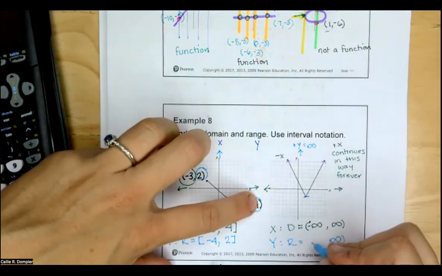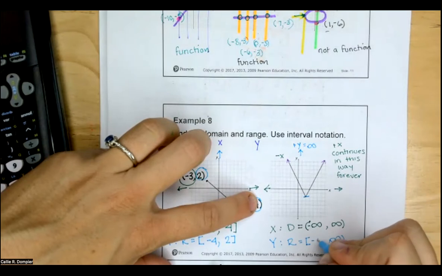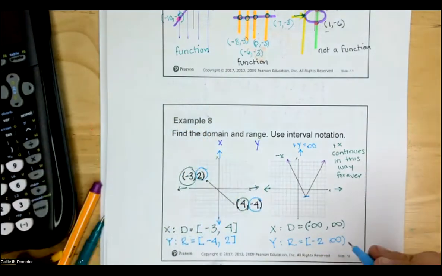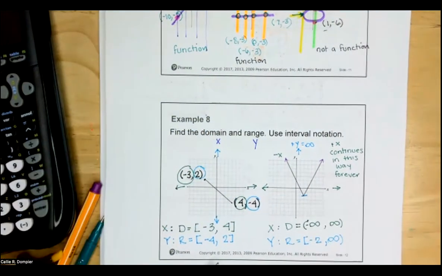So if I count down, that's actually starting at -2. So that's just interval notation for domain and range. It's a good way to just be introduced to domain and range, but I know that it's a lot. Okay, so don't do too much.